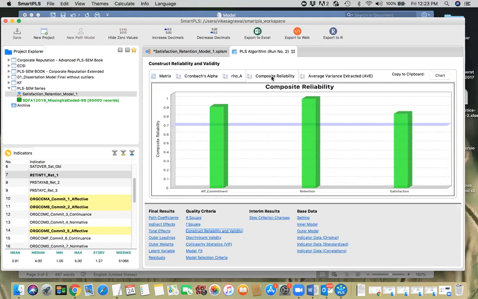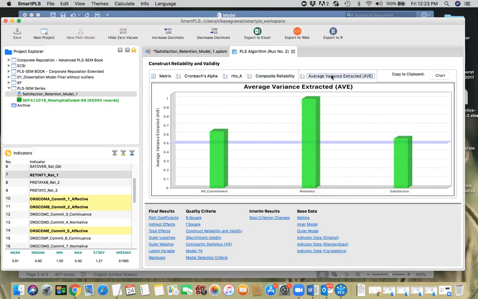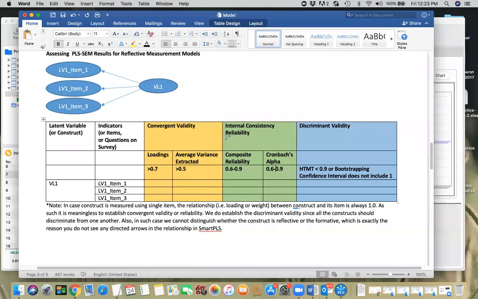Composite reliability is also very high, probably better than the Cronbach alpha, and this is more reliable. So it tells me that all the constructs are reliably measured using their respective indicators. And we already saw the average variance extracted. In the case of retention it is going to be 1 because we just have one item, but others are doing pretty good as well. So we established the convergent validity and reliability here.